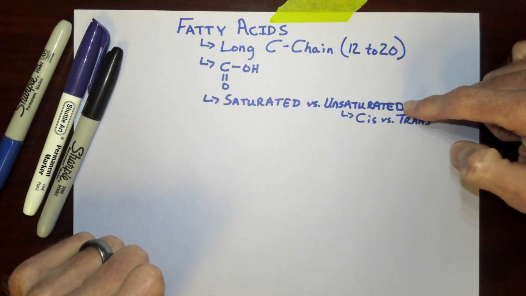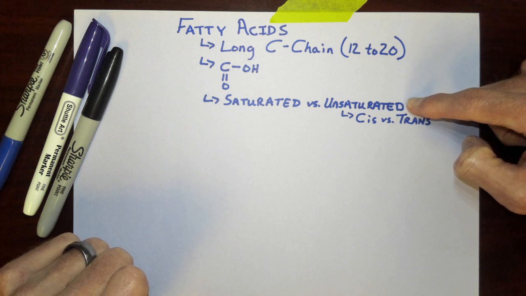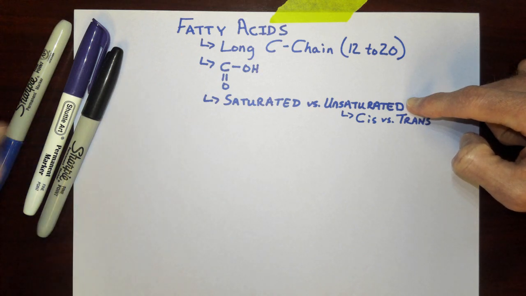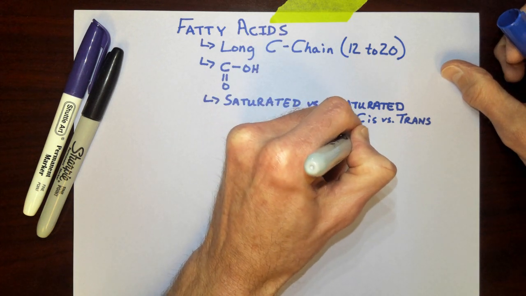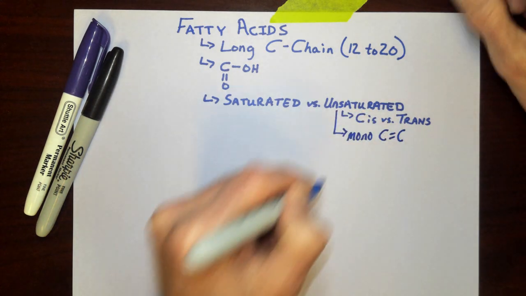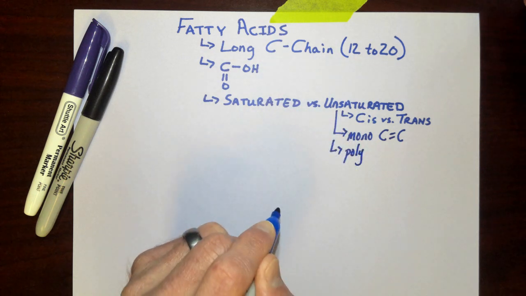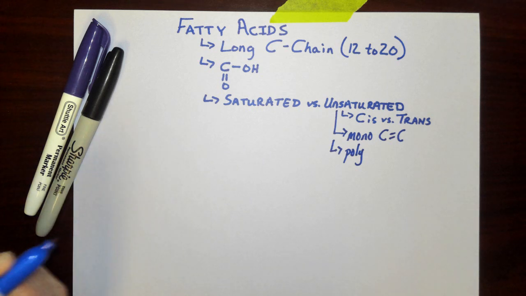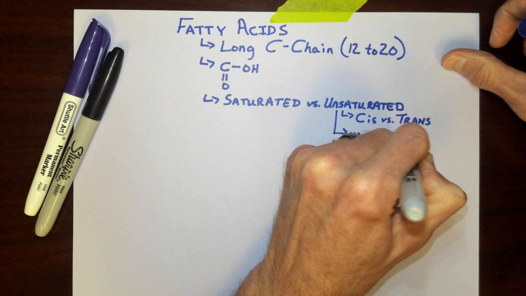Now, underneath unsaturated fatty acids, we can have mono-unsaturated, which means we just have one double bond, just one double bond between the carbons. It could be polyunsaturated, which is considered many, or more than one, so greater than one carbon-to-carbon double bond.